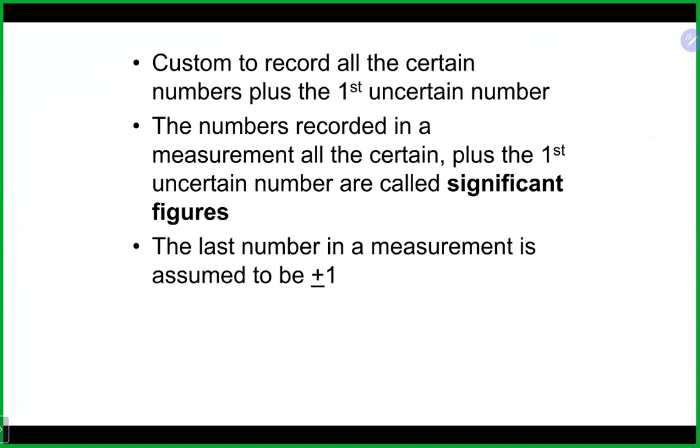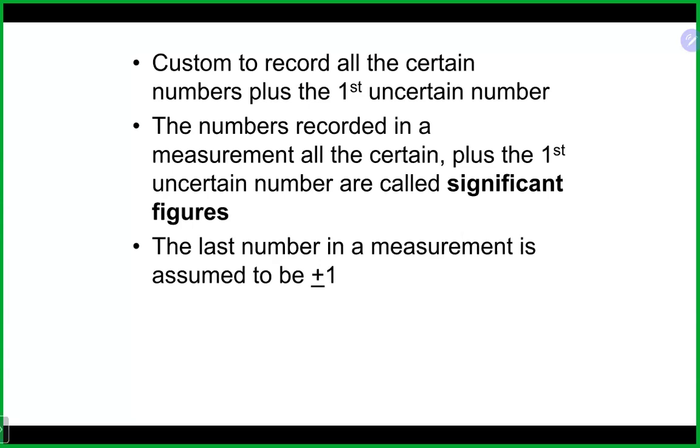So as I mentioned a second ago, it is custom, obviously, to record all the certain numbers plus that first uncertain number when you're taking a measurement. And again, all of those things together are significant figures. For the most part, most people assume that the uncertainty is plus or minus 1 of that last significant figure.